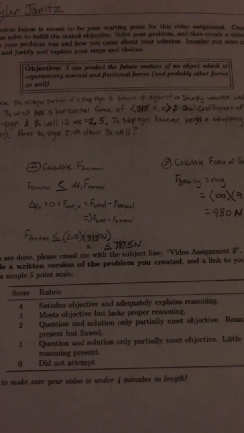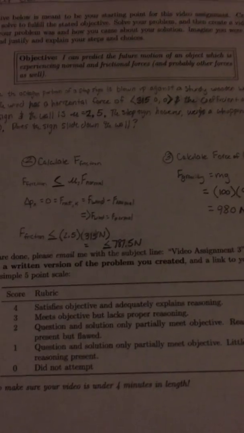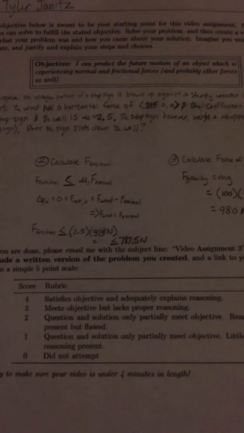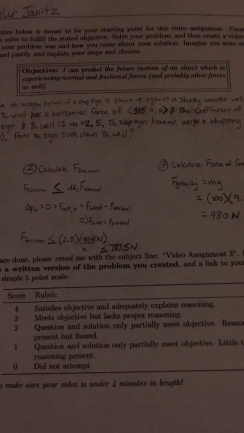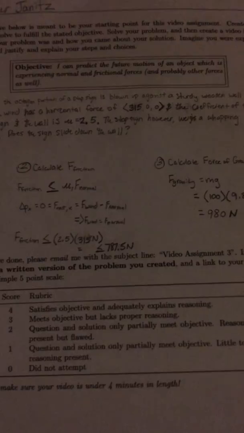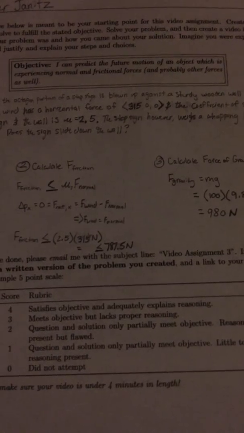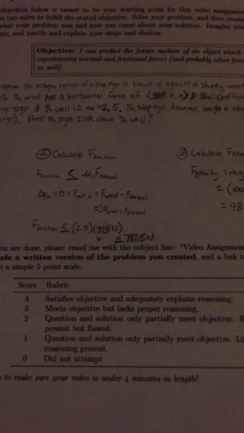So in other words, the force of wind equals the normal force, so the force of friction is less than or equal to 2.5 times 315 newtons, to give us a value that is less than or equal to 787.5 newtons for our friction force.